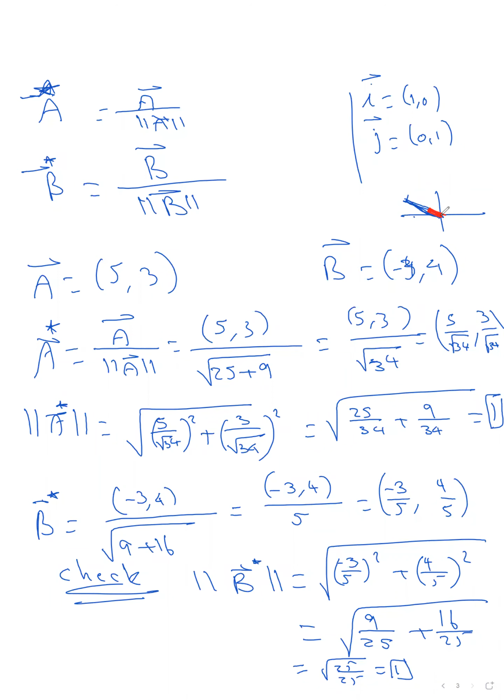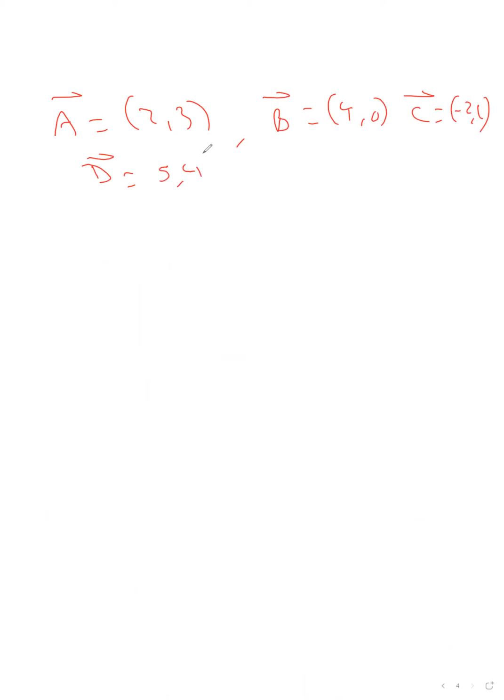Okay, I'll give you some questions. If A equals 2 and 3, B equals 4 and 0, C equals negative 2 and 1, and D equals 5 and 4. Question 1: find the norm of AB plus BC minus 2DB minus AC.